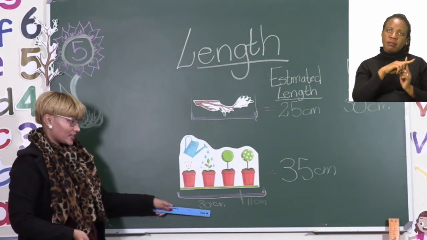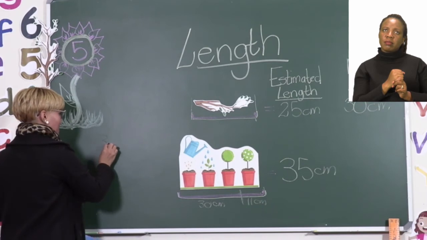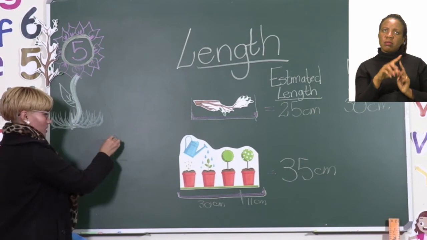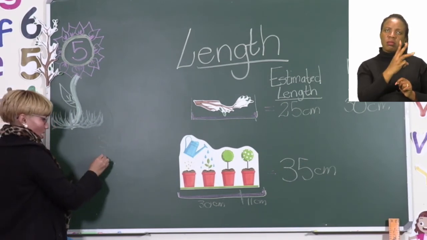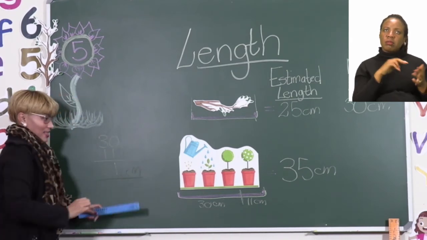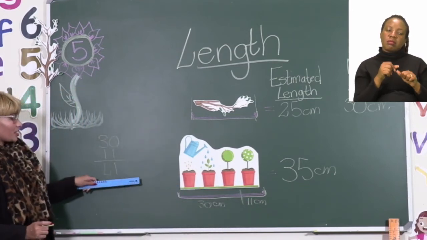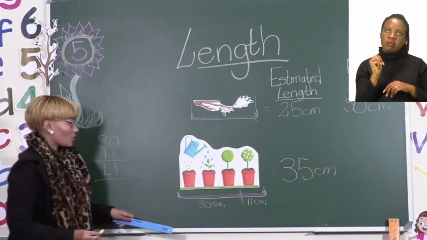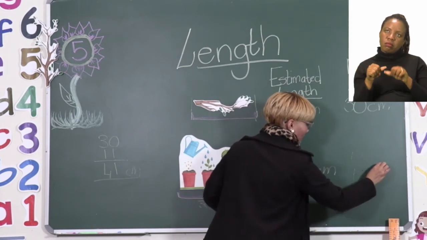So if I take 30 centimeters and I add 11 centimeters, I can always write it down. 0 plus 1 is 1, and 3 plus 1 is 4. So that means that these pot plants equal 41 centimeters. Okay, so my measured length will be 41 centimeters.